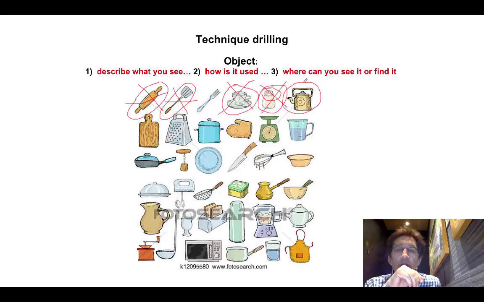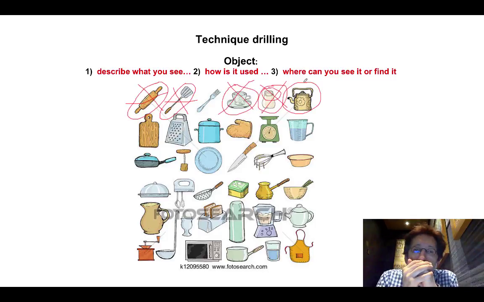And how is it used? Used to put the water in the cup or the glass. Okay, good. And where can you see it? Kitchen or the restaurant. Okay, perfect. Okay, how about the next one?